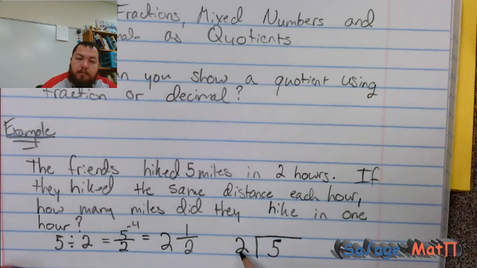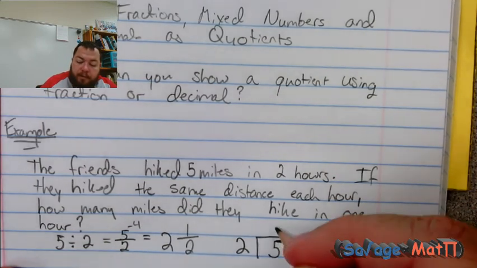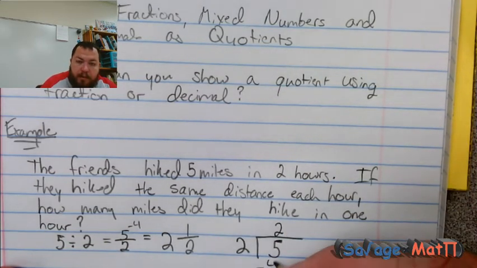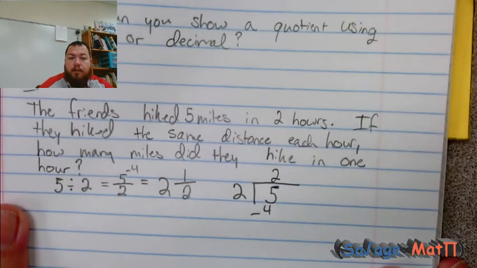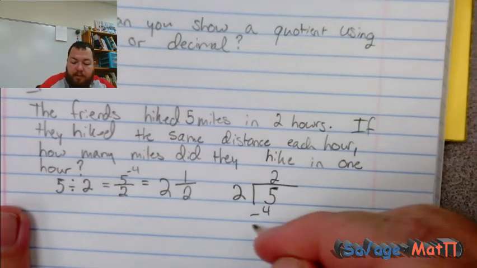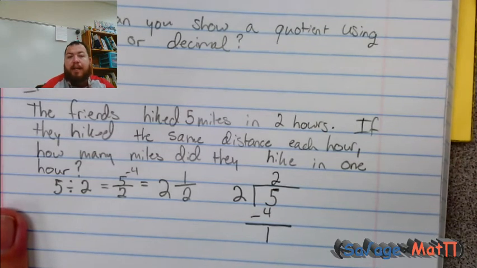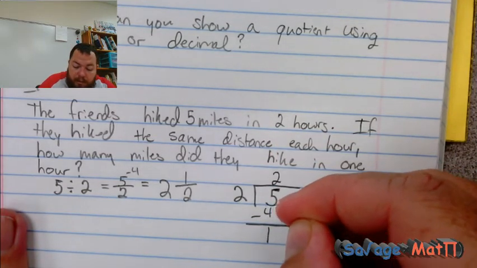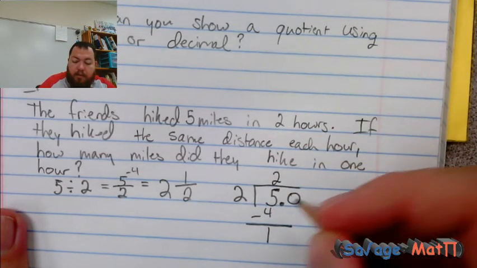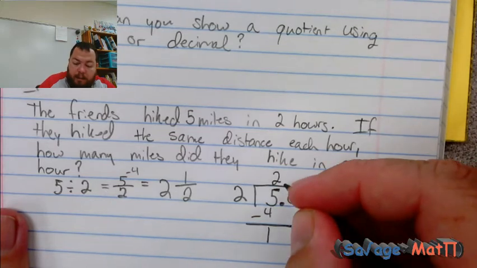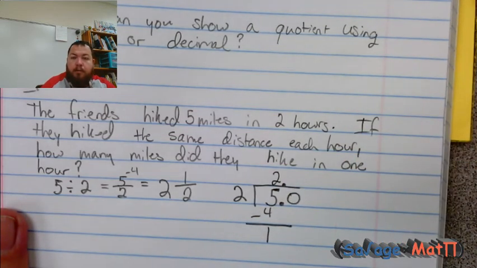So I know that 2 goes into 5 2 times, which would give me 4. 2 times 2 is 4, 5 minus 4 gives me 1. Now if I want to find my decimal, I can't leave a remainder. So what do I need to do? I need to add a 0. So I need to put my decimal point and add a 0. When I put my decimal point, I need to remember to put it on top of the bar.